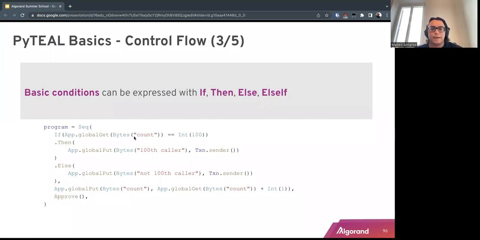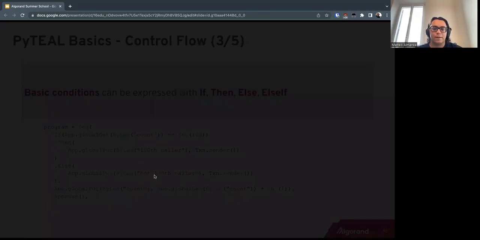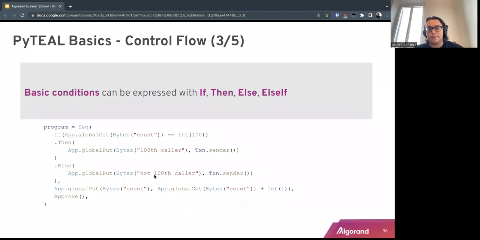For example, you can say if the count is 100, then we put in the key 100th caller the sender of the transaction. Otherwise, we just save who is the last non-100th caller. And then we can increment our counter. So this is again a sequence of operations. One is the if, and here we can define the condition, then the different branches.